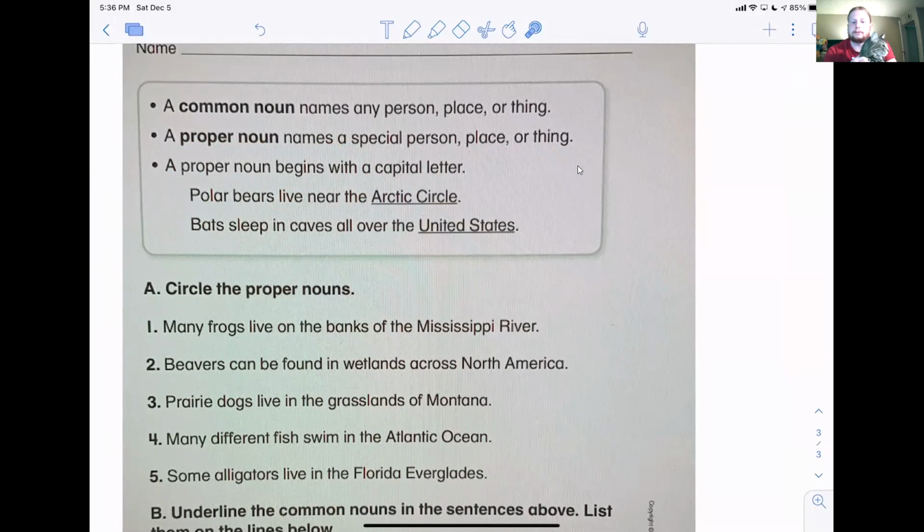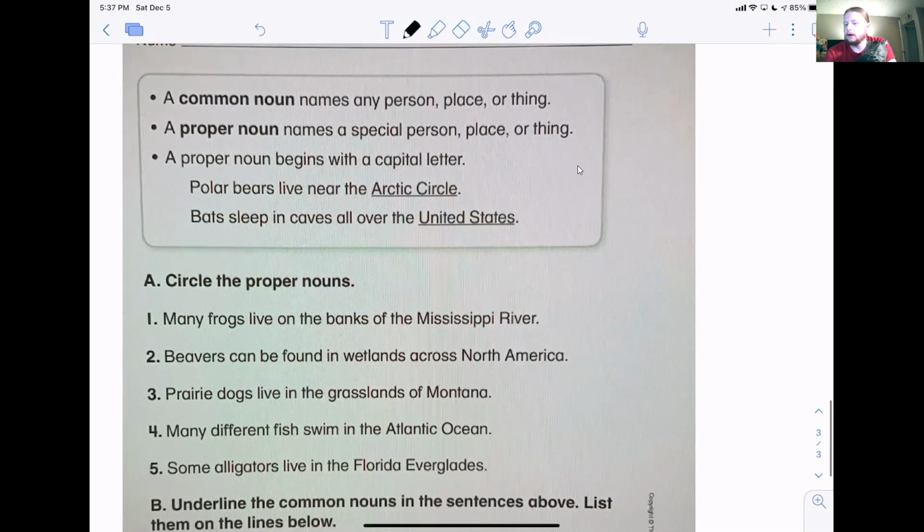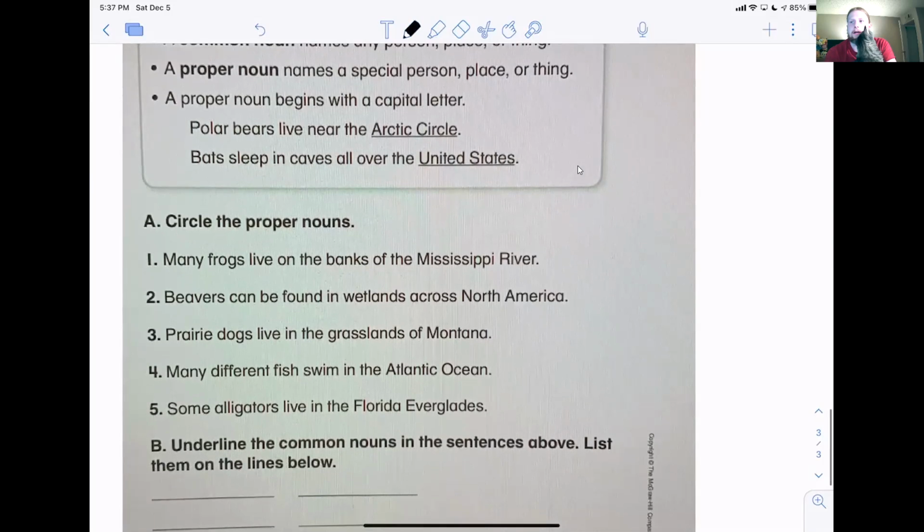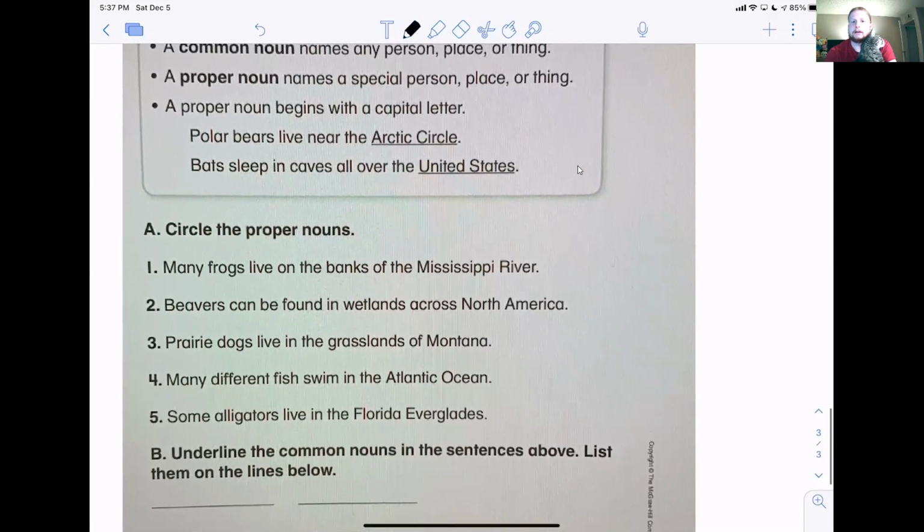Bats sleep in caves all over the United States. Look, United States is where we live and it's a specific name. So what we're going to do is underline the common nouns, which are the regular nouns, and then circle the proper nouns.